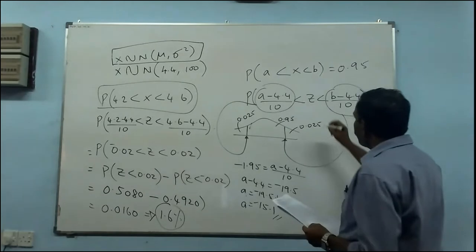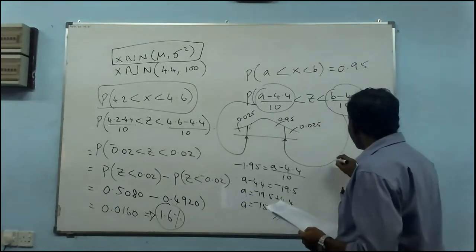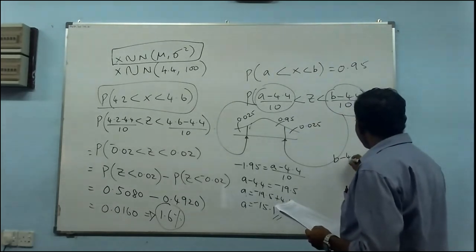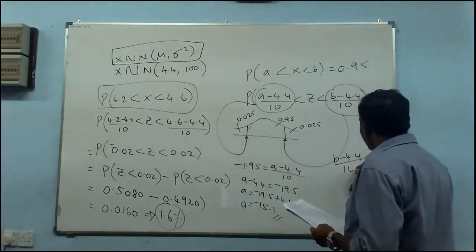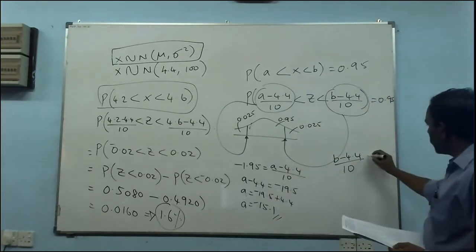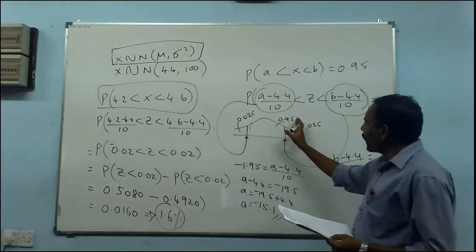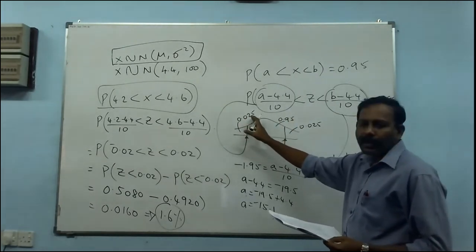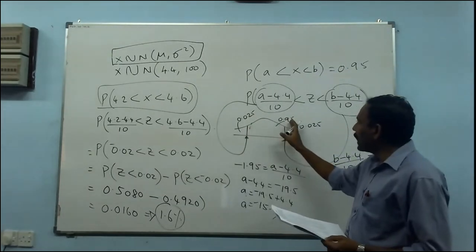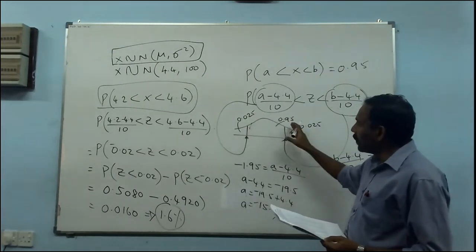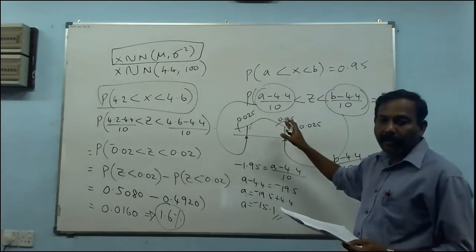Similarly, the value of B can be found, because it is symmetric. If you want, 0.95 plus 0.025 is 0.975.